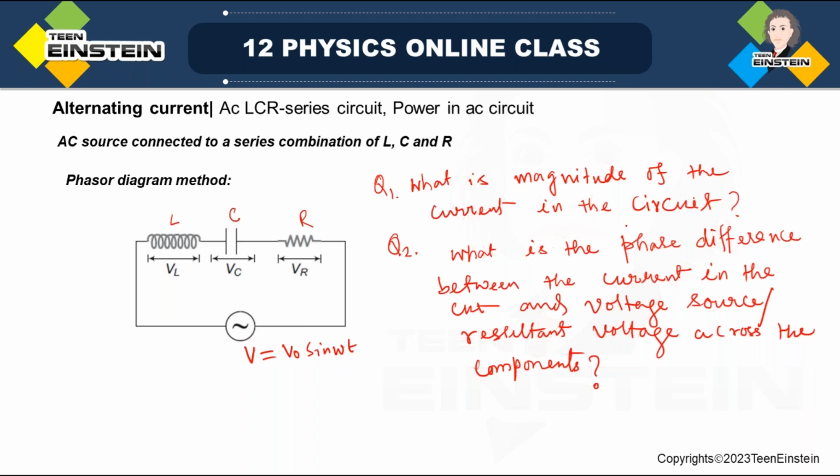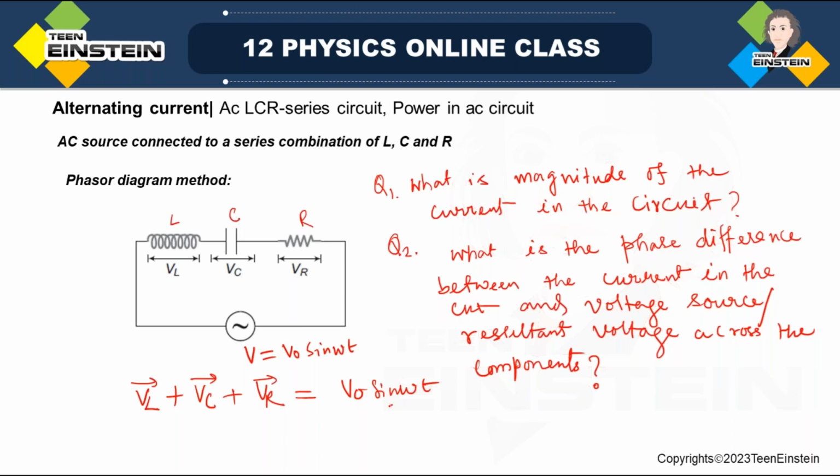Okay, so look what we know. We know from Kirchhoff's law, if suppose the voltage drop across the inductor coil is VL and the voltage drop across the capacitor is VC and voltage drop across the resistor is VR, then sum of all these three will be equal to the source voltage, which is V0 sine omega t.